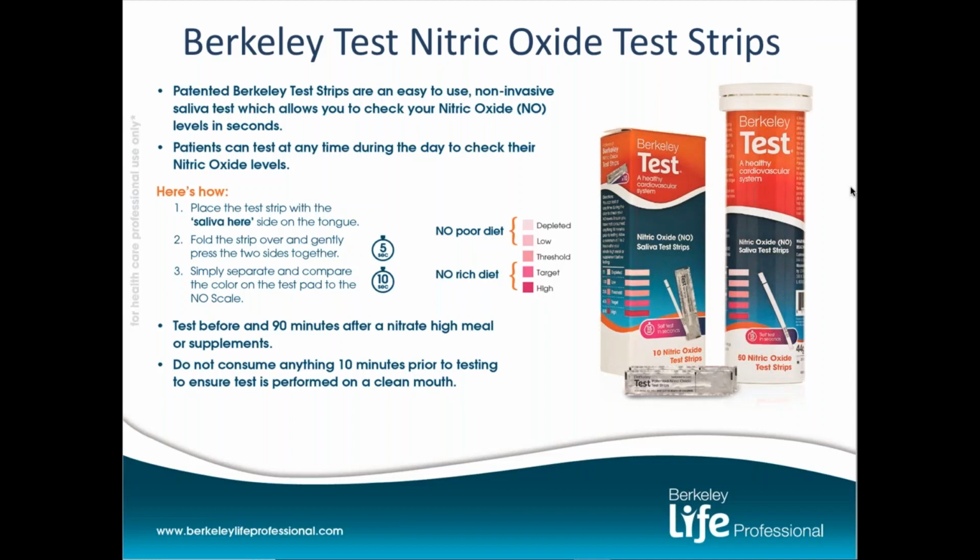I do. I consider this Berkeley Life Professional a base supplement. You've got to open up the circulation and microcirculation for anything that you give somebody to get to where it needs to go. By optimizing nitric oxide, things are getting where they need to go.